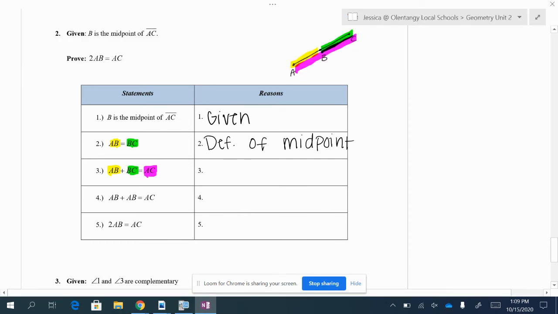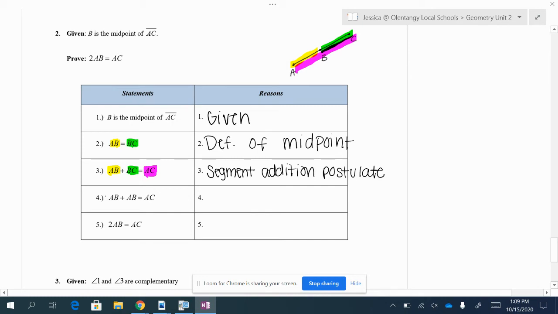Okay, that is going to be the segment addition postulate. We're working with a segment in our picture. And it's saying that the segment in yellow plus the segment in green has to equal the segment in purple, which is true.